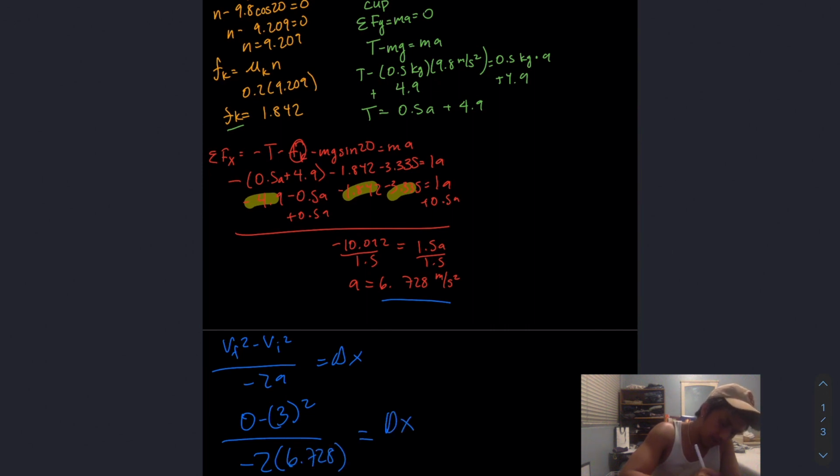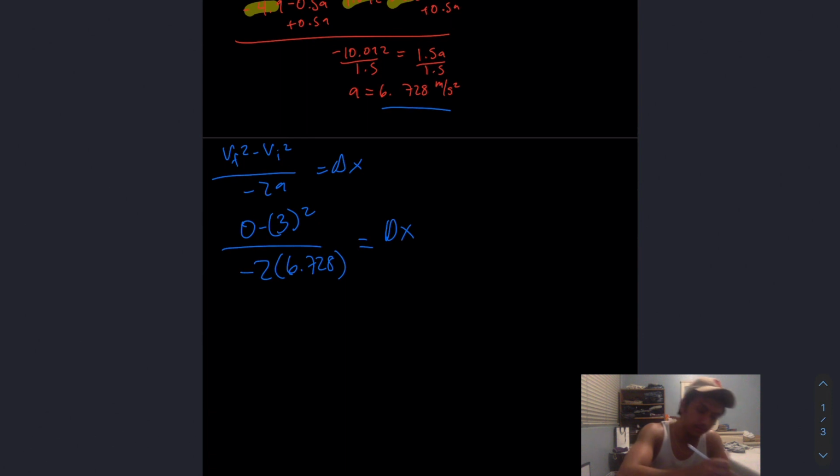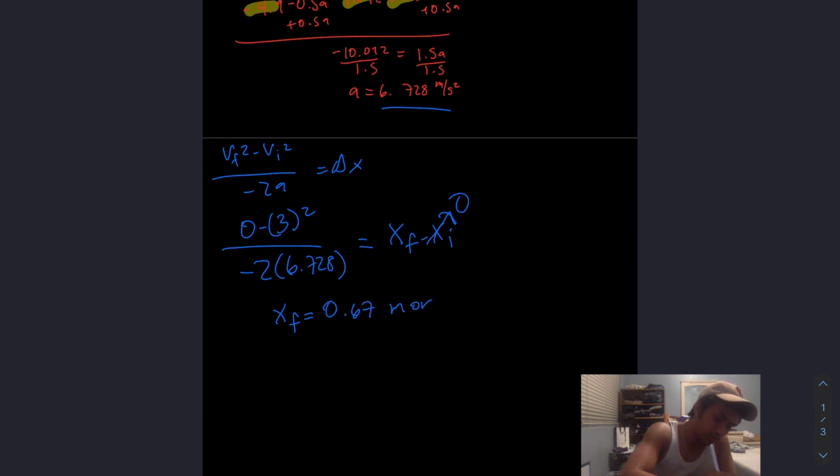That equals delta x, which is x final minus x initial, and my x initial is 0, so that goes away. So my x final ends up being 0.67 meters, or 67 centimeters.